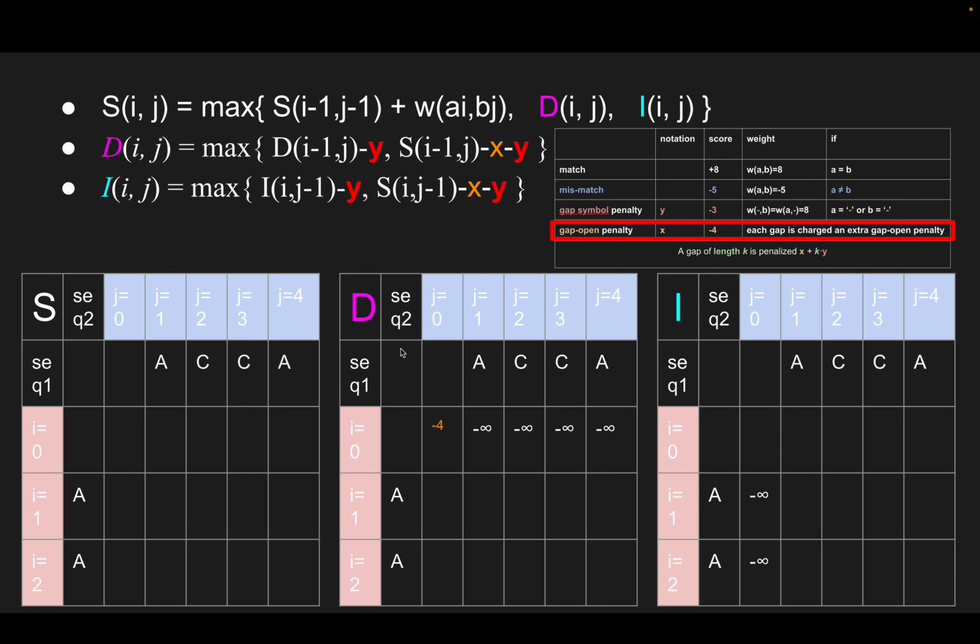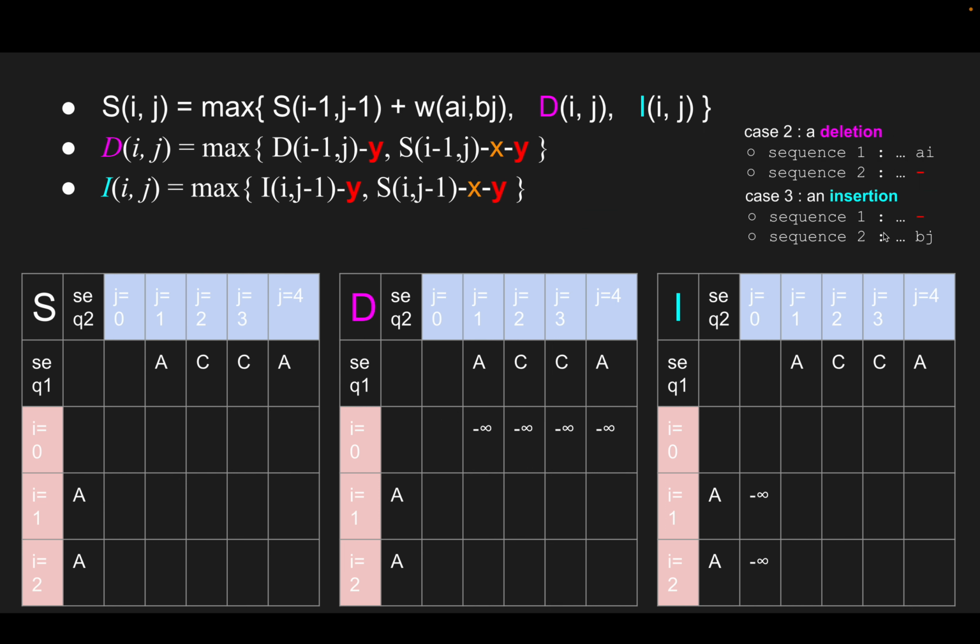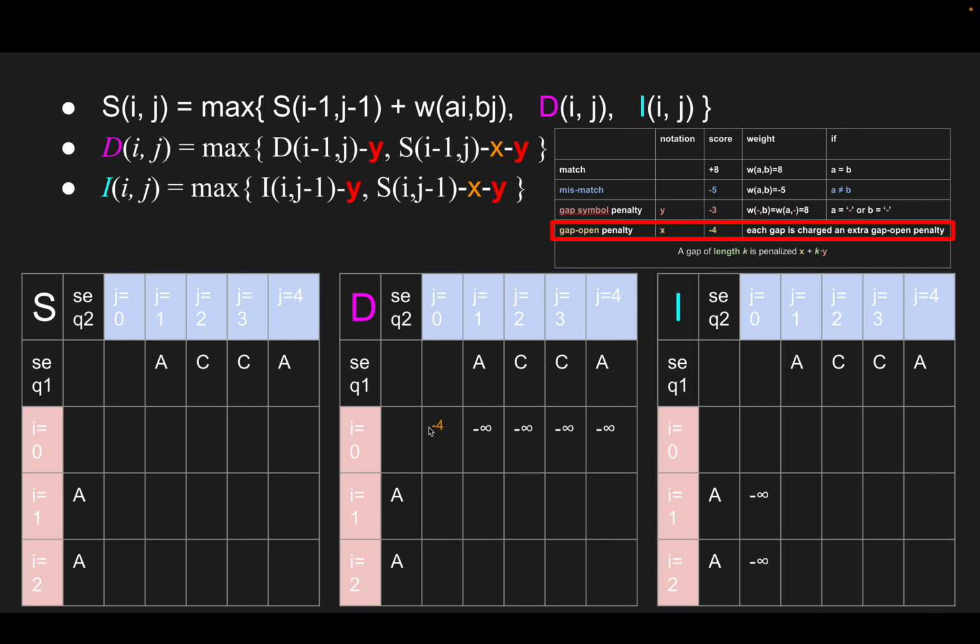But for this case, since there is already a gap here, why is it not negative infinity? Because j equals 0, meaning that there's no character, so it can be a gap symbol here. But since it is a gap symbol, it will be penalized with the gap open penalty of -4.